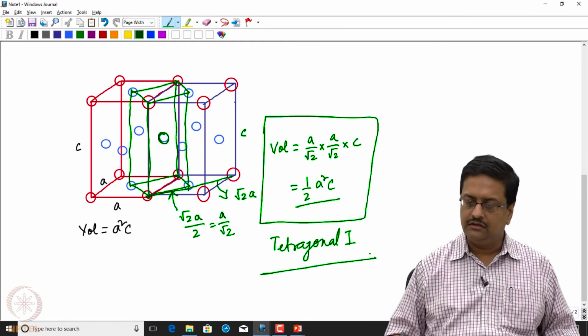So, in these few lectures, what we have learned are basic aspects of X-ray diffraction. We have talked about the different crystal systems, 14 Bravais lattices, the origin of 32 point groups. We have discussed different symmetry elements like screw axis, glide planes and things like that.